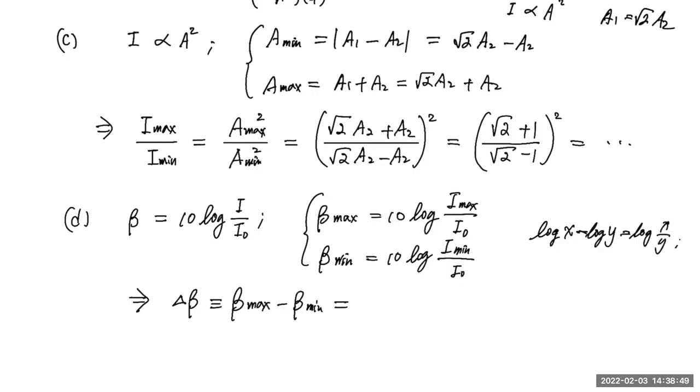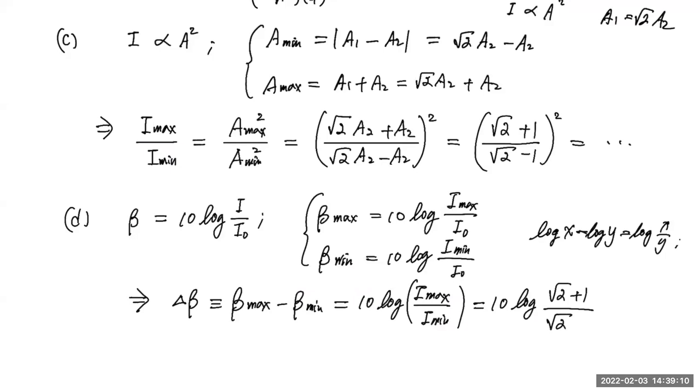So you have here 10 log of I max over I min, right? And we already know from part C what is I maximum over I minimum. So we know this is log of square root of 2 plus 1 over the square root of 2 minus 1, and then you square it, okay? And you can easily simplify that to get a numerical value. So this is how we solve this problem.